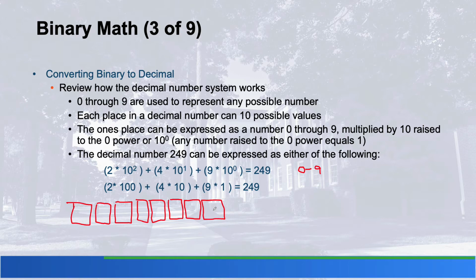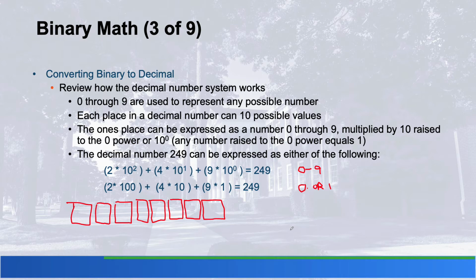Remember, in binary, we don't have 0 through 9. We have 0 or 1. There is no 2 through 9 in binary, it's all zeros and ones.